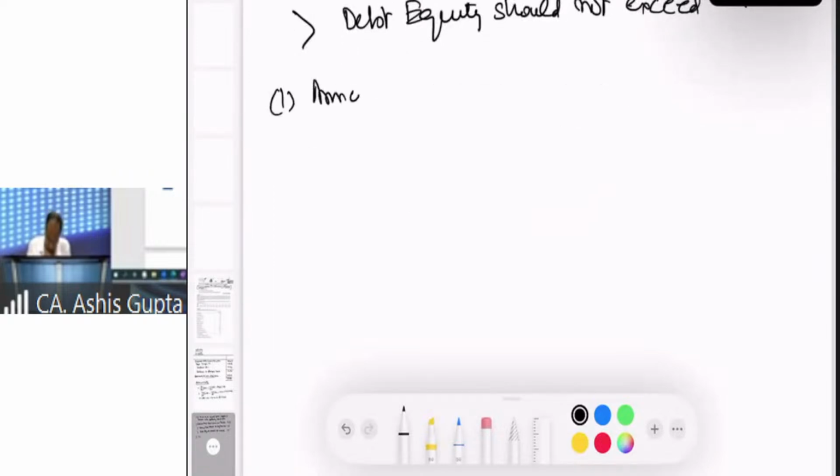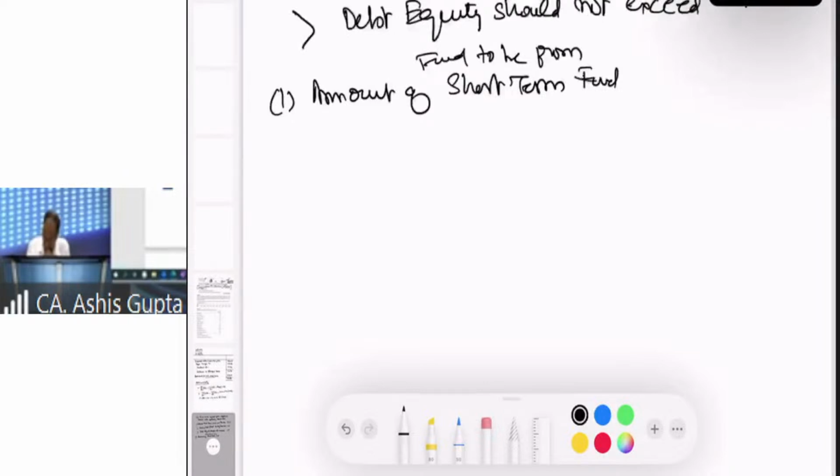Amount of short-term funds to be raised, or we can say how much short-term funds can be raised, both viable.